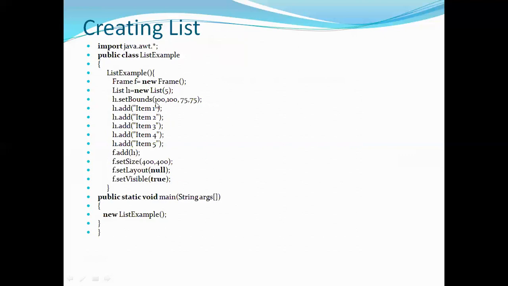So item 1 is added to L1, in the L1 list adding item 2, and so on for 5 items. So you have added all the items to the list. Now the list should be added to the frame, then the frame size, frame layout, frame visibility, and the object of your class. So this is about creating the list in AWT.